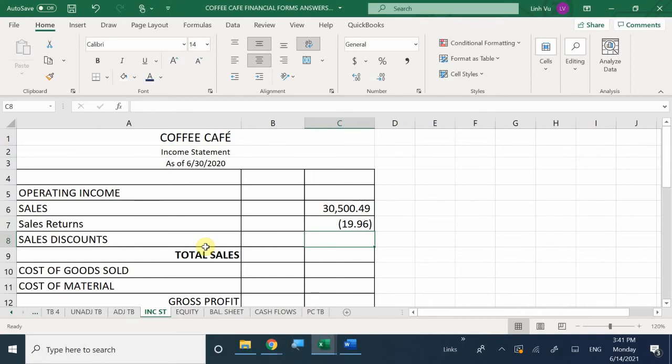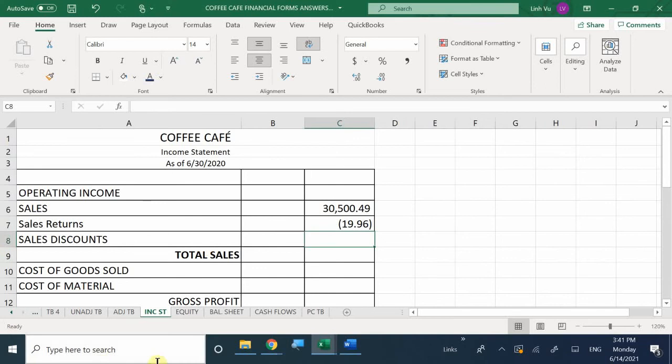So here it shows that I have a negative $19.96 amount. In accounting, when we do negative numbers, we display them in parentheses, okay? Rarely do we use actual negative numbers, but however you have it formatted, if you like it to have a dollar sign or currency, it will show up as parentheses, okay?